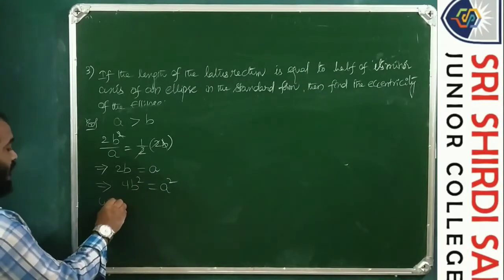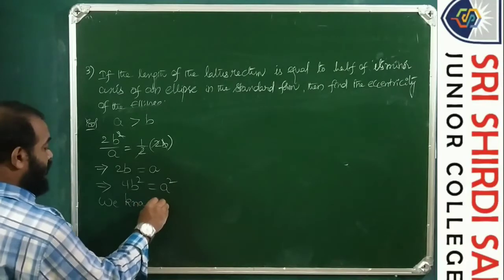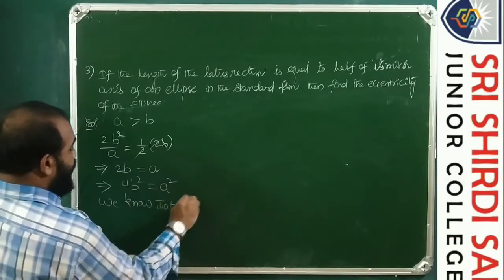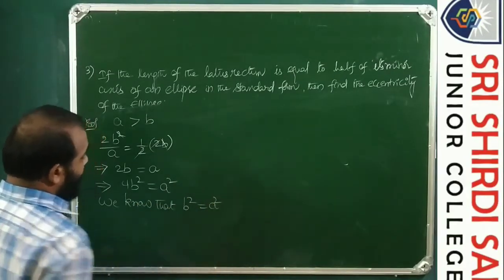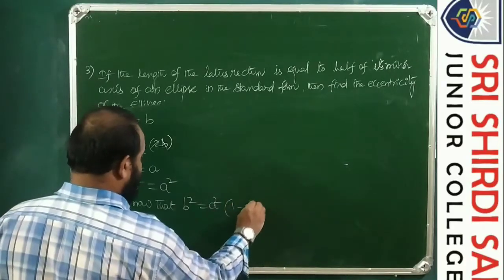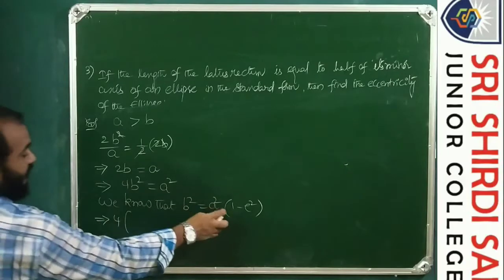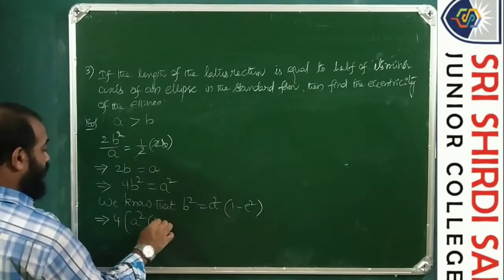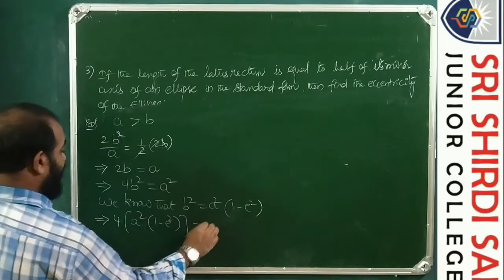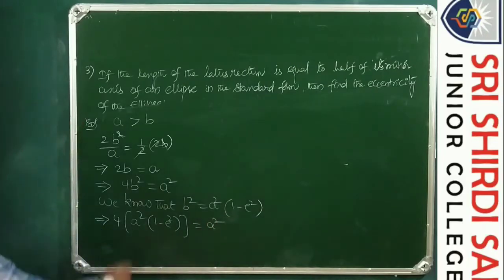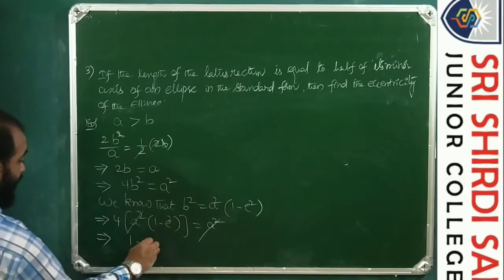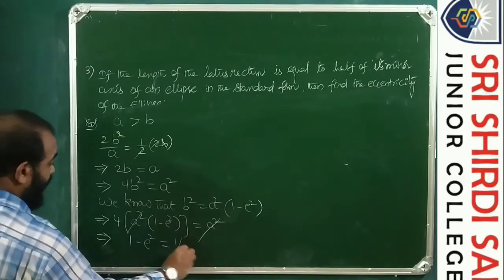We know that b square is equal to a square into 1 minus e square. So 4 into b square is a square into 1 minus e square, equal to a square. So a square gets cancelled, and 1 minus e square equals 1 by 4.